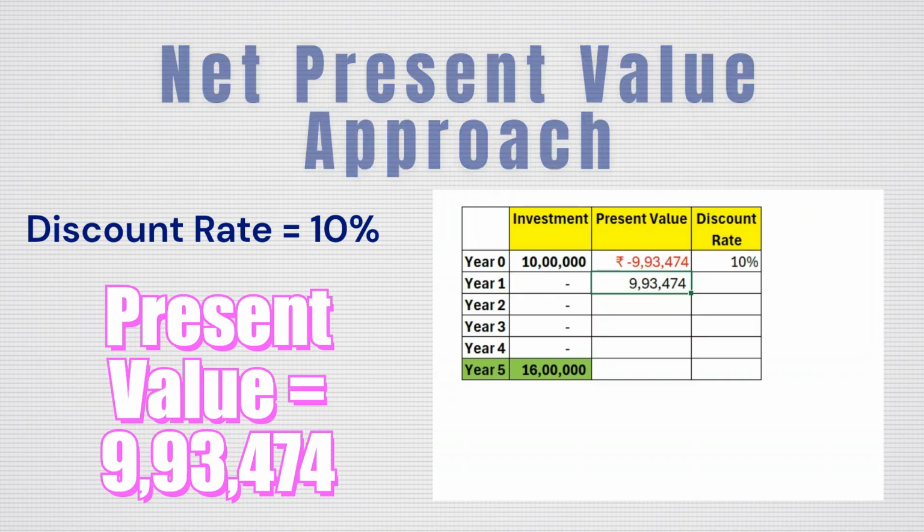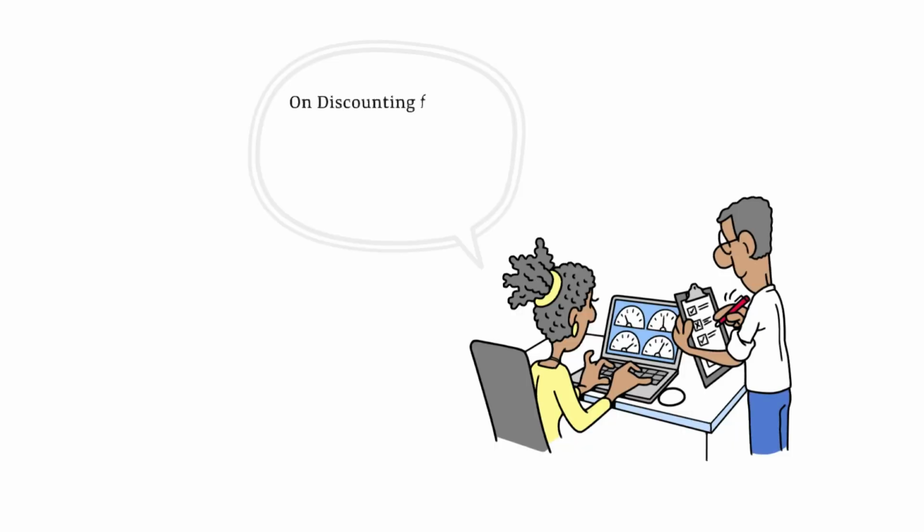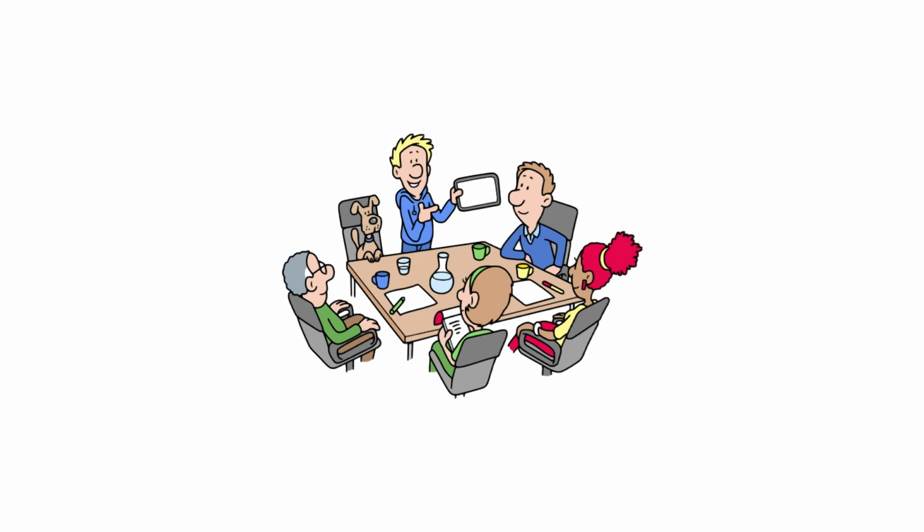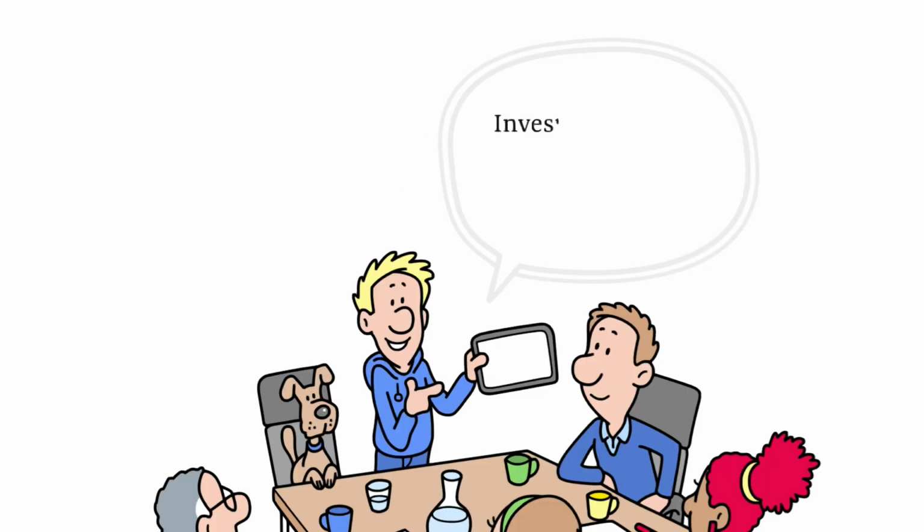Now certainly this gives us that the investment return is less than 10%. With this insight, the analysts have gone back to the investor telling him that the investment is not able to generate a return of 10%.